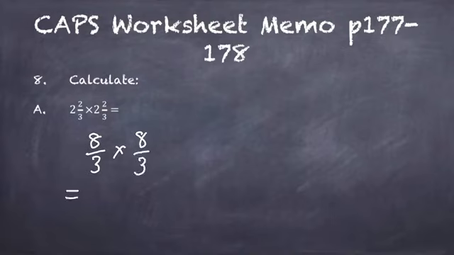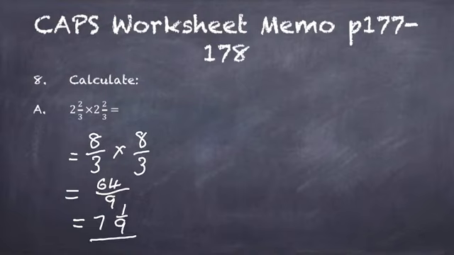They cannot divide across, so 8 times 8 is 64, and 3 times 3 is 9. 9 goes into 64. It can't without a remainder. The closest one it gets to is 63, which is 7, and then I'm left with 1/9 as an answer.